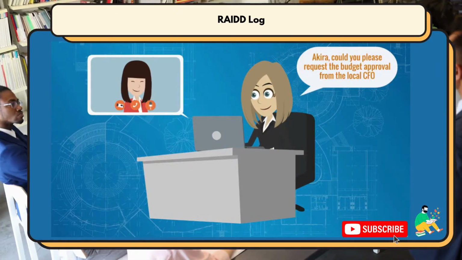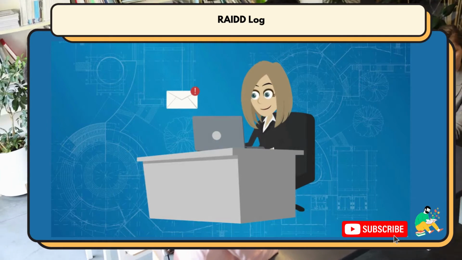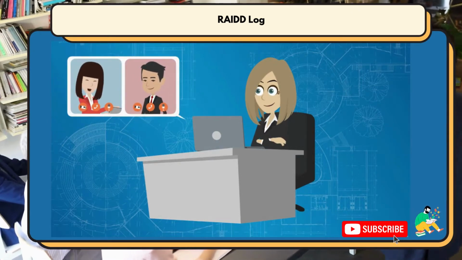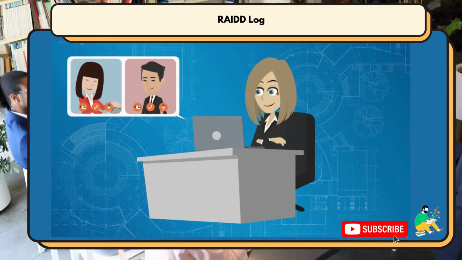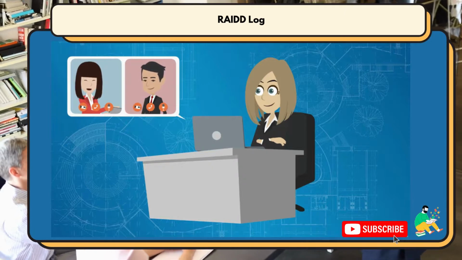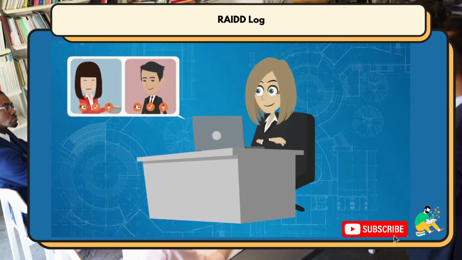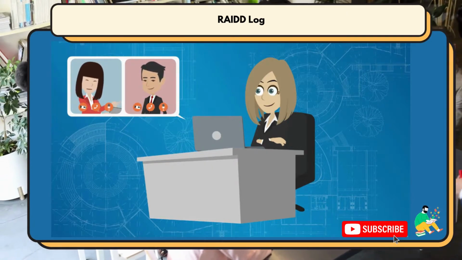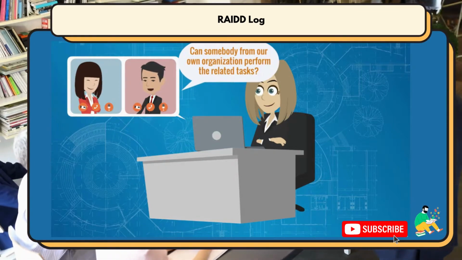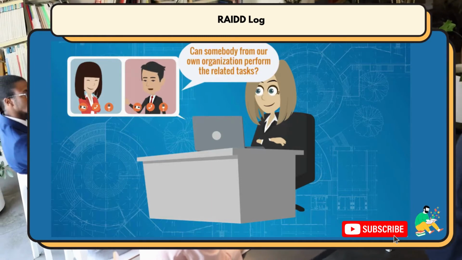from the local CFO. A few days later, the project manager receives an invitation for an online meeting with Akira and the local CFO. In that meeting, Akira explains the budget matter to the CFO in more detail. The CFO asks if the vendor employees do not get user accesses for the system, can somebody from our own organization perform the related tasks?